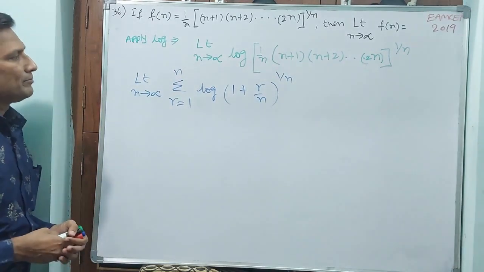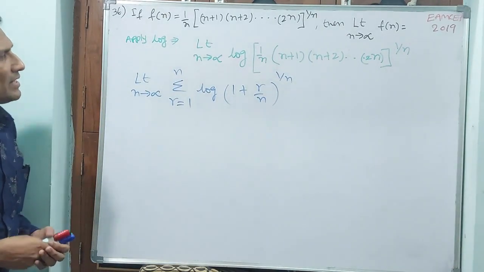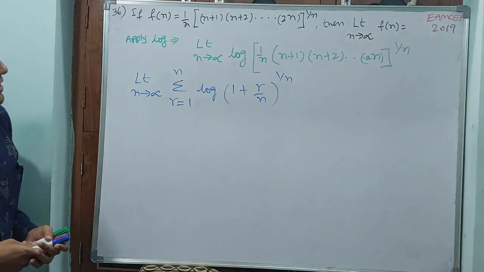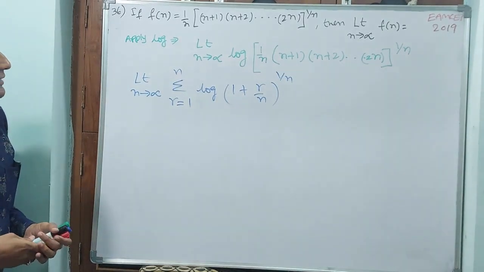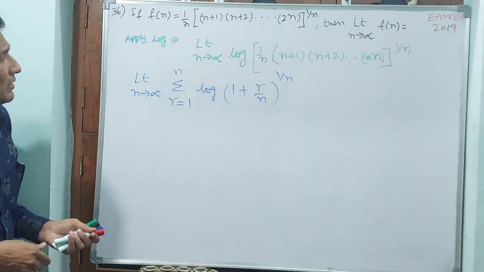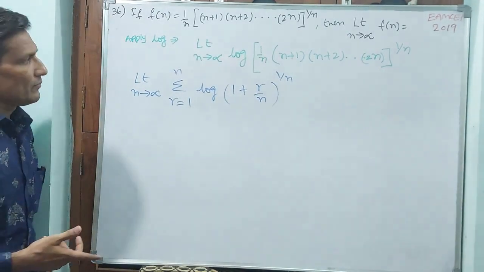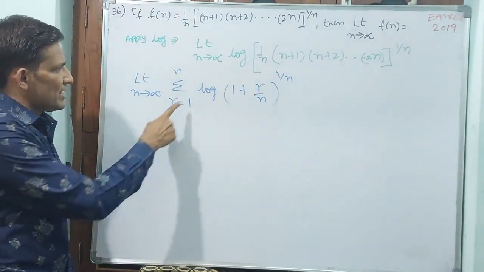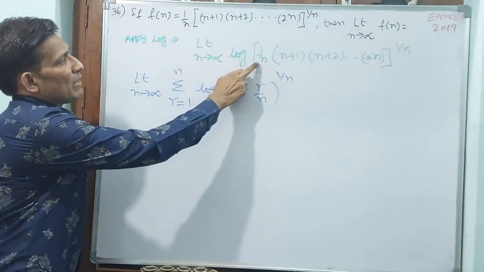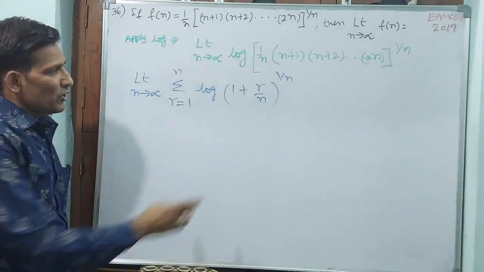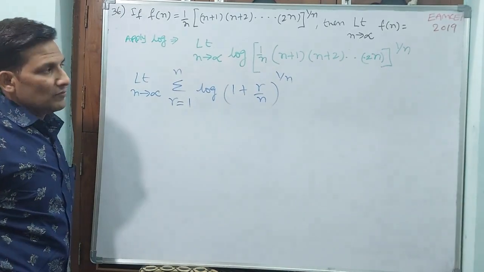That is the process here we are applying. Now, because of this we cannot write the integration. Why? Because see here 1 by n is missing. This 1 by n went inside, then only this formula has become.